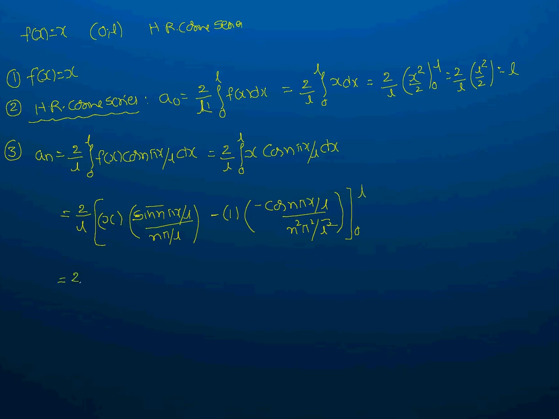So that is equal to 2 by L into, if you substitute here L in sin n pi x, you are going to get sin n pi, that is nothing but 0. Therefore 0, minus into minus plus.